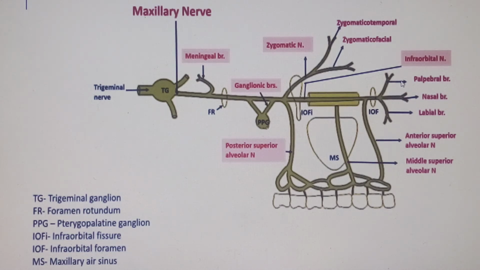Talk about the palpebral branch, lower eyelid, the nasal branch, and the upper lip over there, and the lacrimal gland. As I told you, it is only the middle superior alveolar nerve which runs through this maxillary sinus, that's the largest sinus, and therefore is the one which supplies the maxillary sinus.